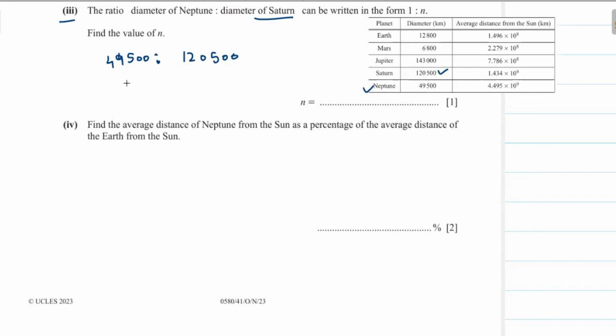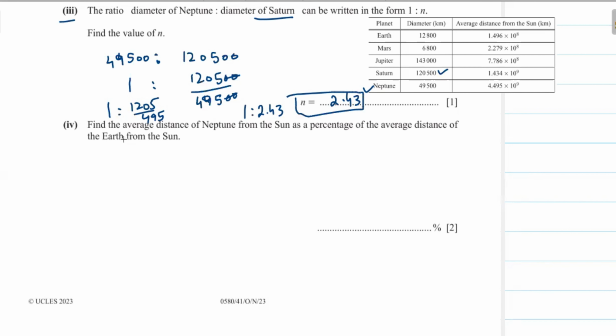Therefore, we divide by 49,500. This value will become 1, and this is 120,500 divided by 49,500. And the zeros will be cancelled. Now 1:1205 over 495. We divide it, we get 1:2.43. The n is equal to 2.43.